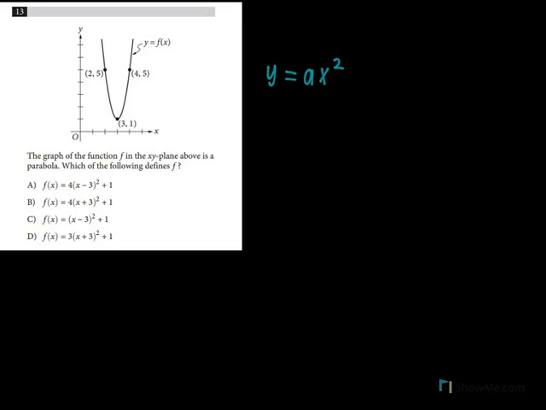And as a becomes smaller or closer to 0 from the positive side, the graph will be wider, and as a is a larger number, the graph will appear skinnier.